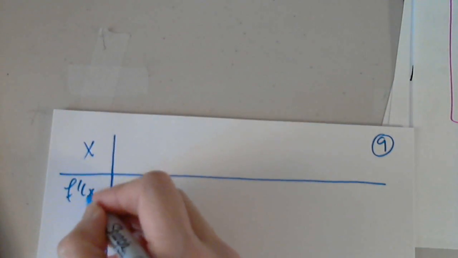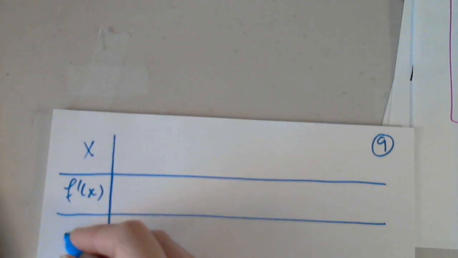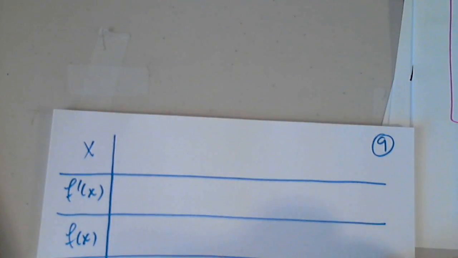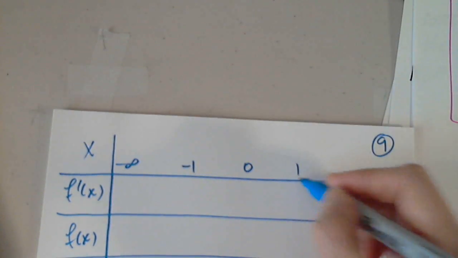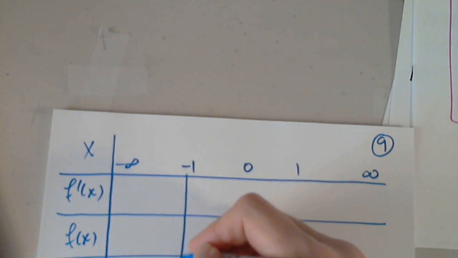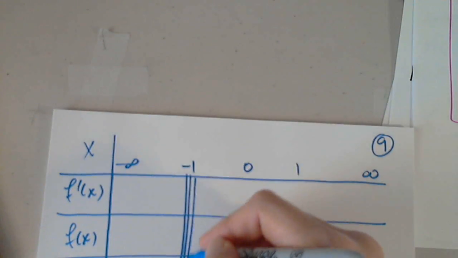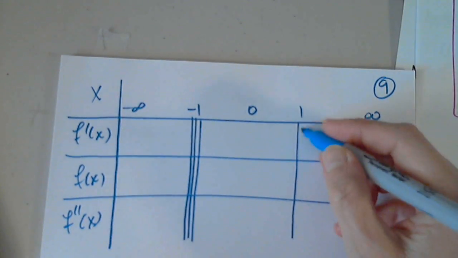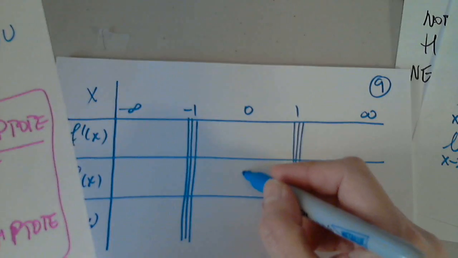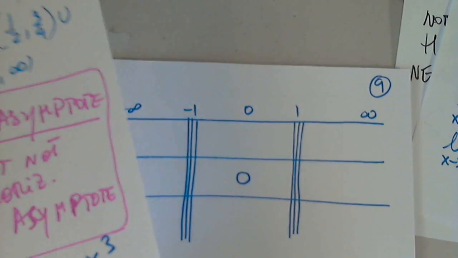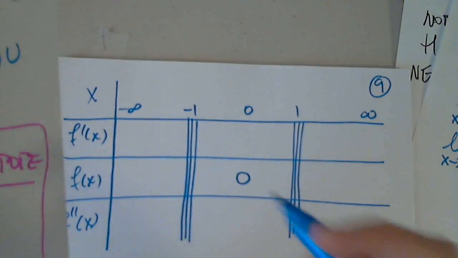So f prime of x, f of x in the middle. You can change the order, you can do whatever works for you. So I see that the function is not defined at -1 and 1. And if the function is not defined, its derivatives will not be defined either. Good. So when x is 0, y is 0, and there is no other x-intercept, I have to determine these.